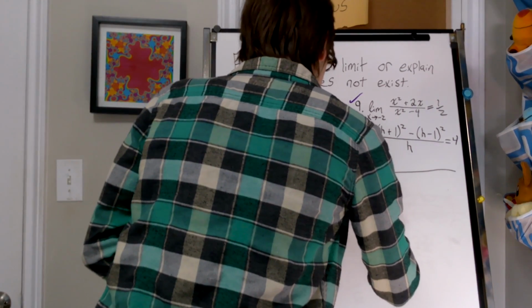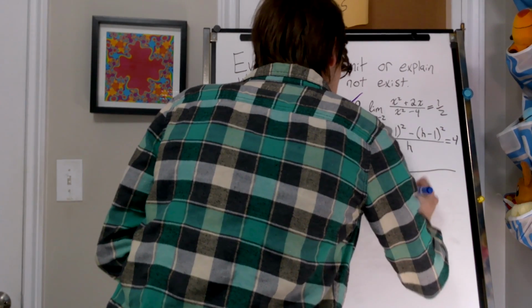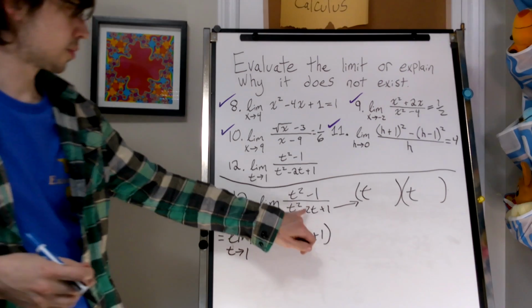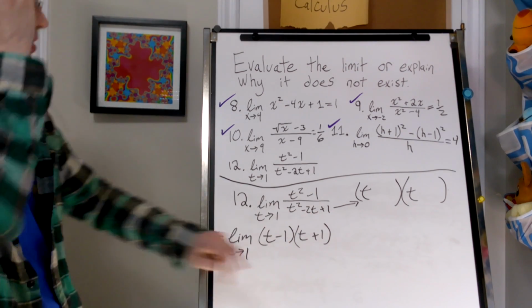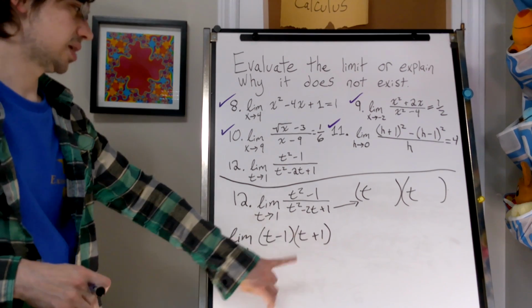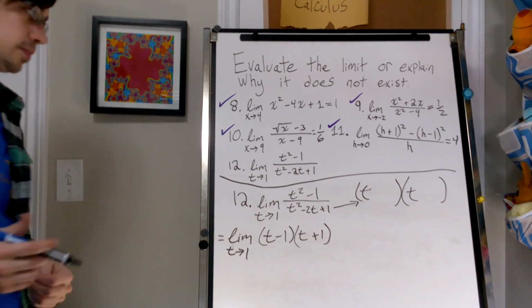So we should have a t times something and a t times something. So what would multiply to positive 1 but would add to negative 2?